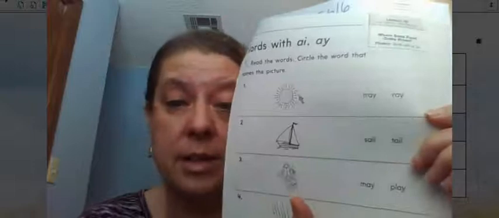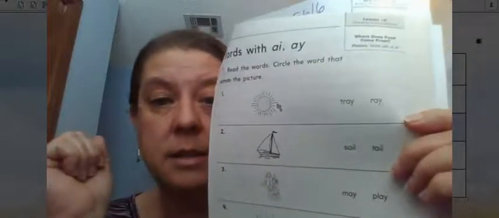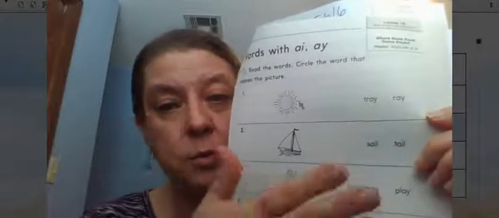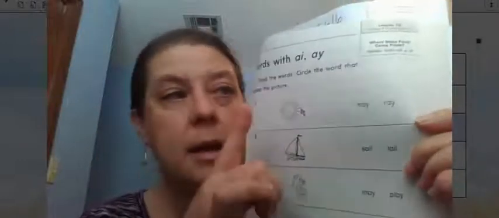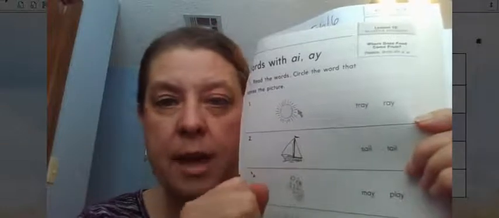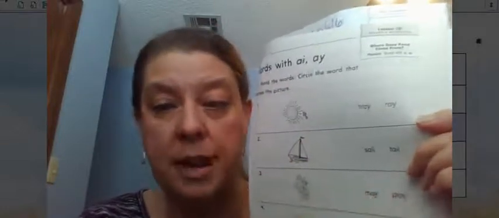So we've been talking about what we would be doing if we were in person. If you were in a classroom, you would be doing this side by yourself, and then I would check it. So this is not an adult help side. This is a kid do on their own side. AI, AY both make the long A sound. You know all the other sounds, so be trying to do those on your own.